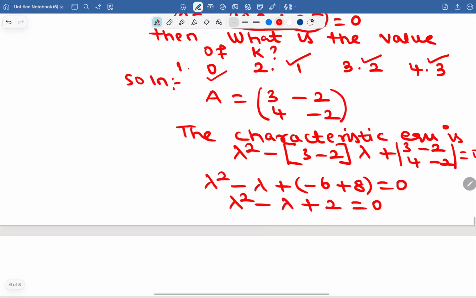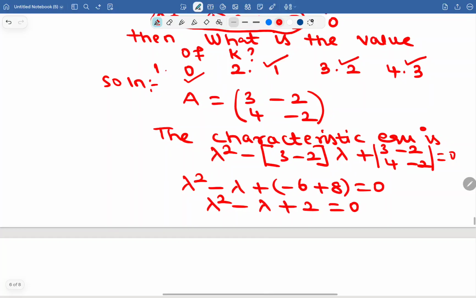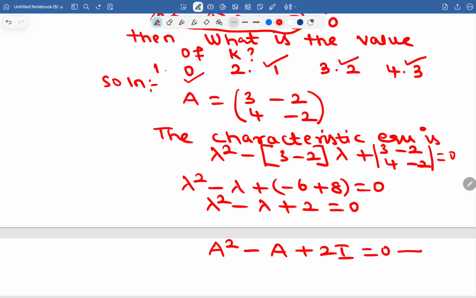We know very well every square matrix satisfies its own characteristic equation by the Cayley-Hamilton theorem. This equation now becomes A square minus A plus 2I, which is equal to 0. Equation 1.